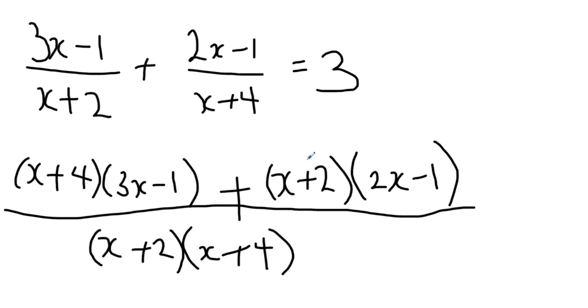So I hope you all know what that means, because if I multiply this part by x plus 4 and I multiply this part by x plus 2, it's the same thing, isn't it? So this x plus 2 and x plus 4 is for both this part and for both this part. Okay, so that makes sense a bit, isn't it?